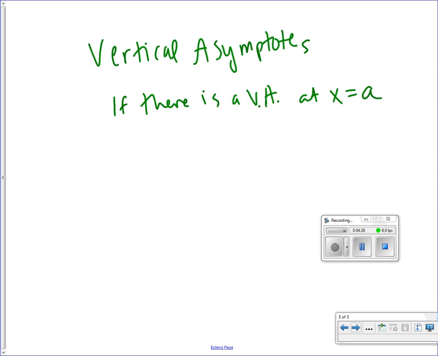Think about the graph. Here's some value a. At that value we have a vertical asymptote, and the graph could be going like that. On that side, maybe it's also going up on the other side. That's just an example.